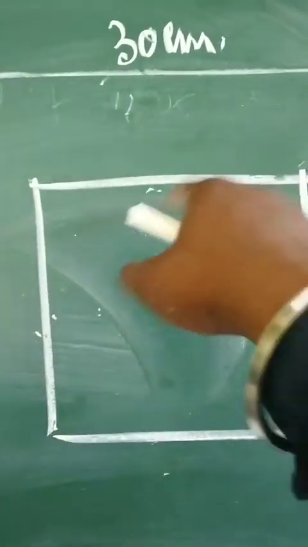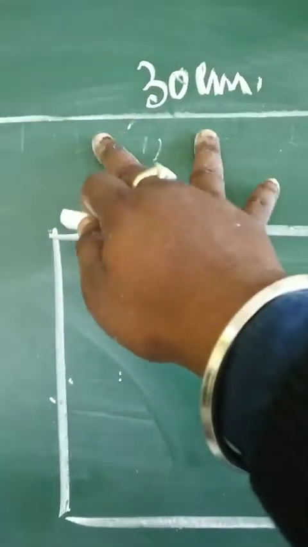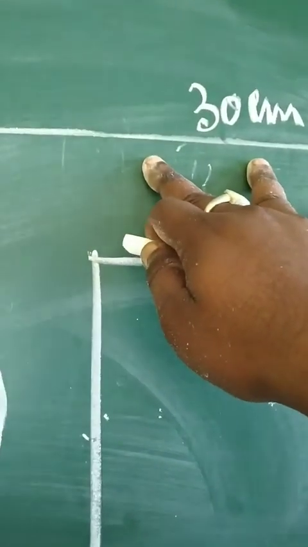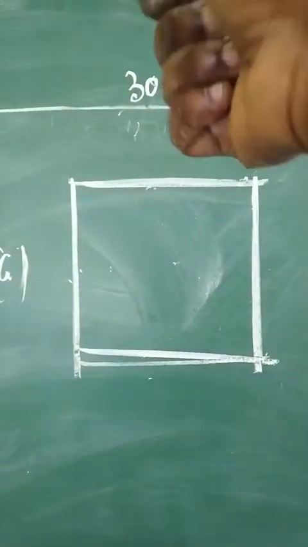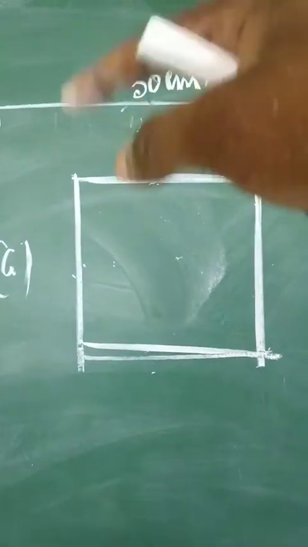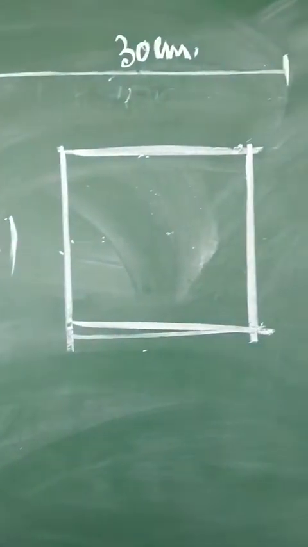The sum of all the sides of this square will be 30 centimeter only, because I am neither cutting it nor adding to it. I am just bending the string into the shape of a square.